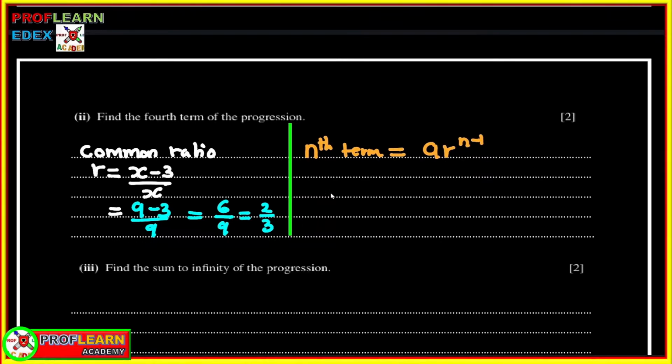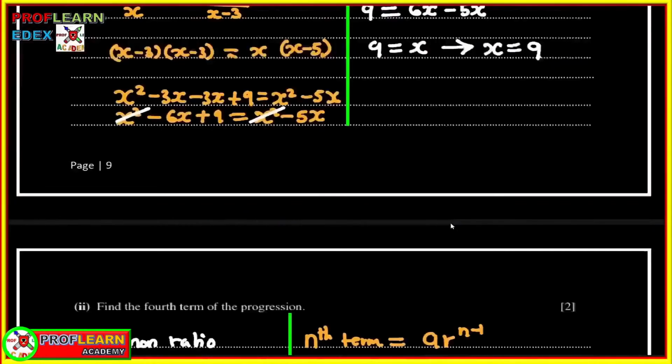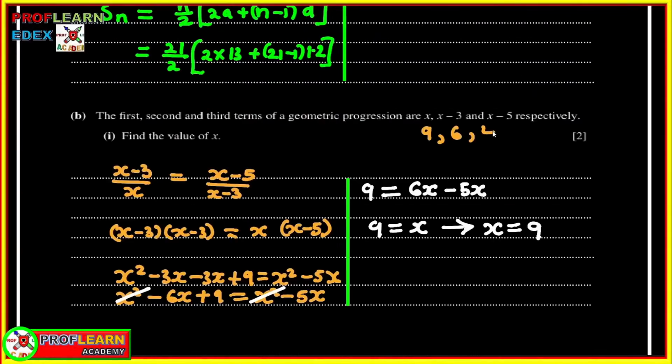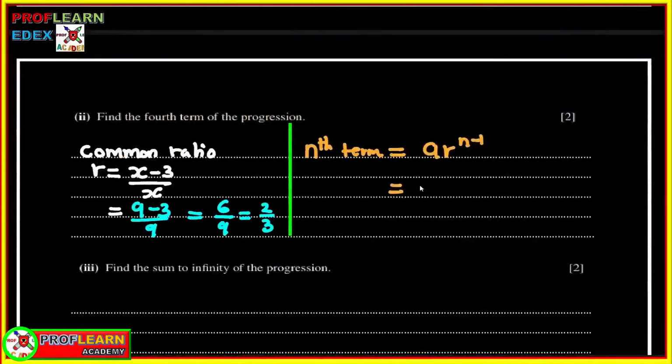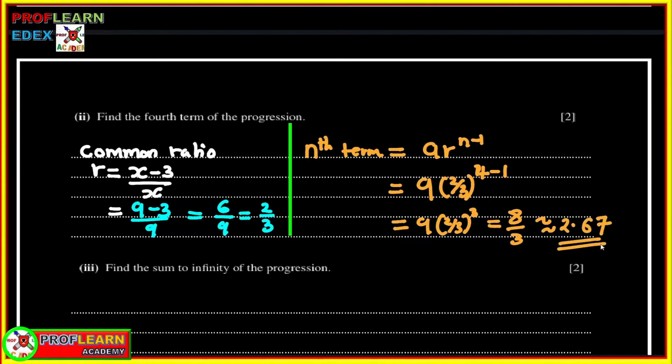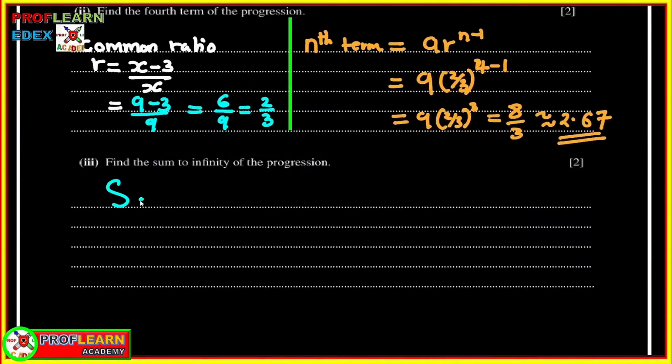Substituting, a is the first term, which is 9, and the common ratio is 2 over 3 raised to power 4 minus 1. Working this out, we're going to get 8 over 3, which we can write as 2.67.